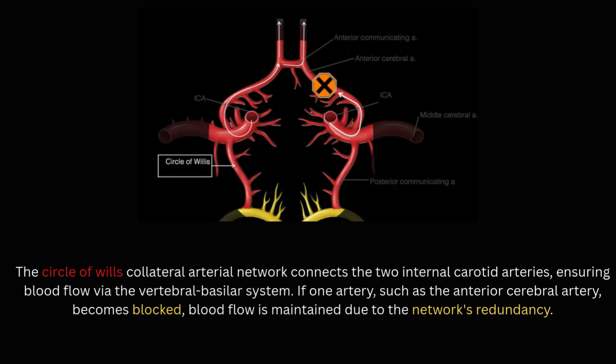Now, that doesn't mean that if one side of the artery is blocked, the other side can simply take over. No, you still have a problem in the brain, because if one side of the brain isn't getting as much blood as the other side, it can cause a lot of problems and lead to serious conditions too.